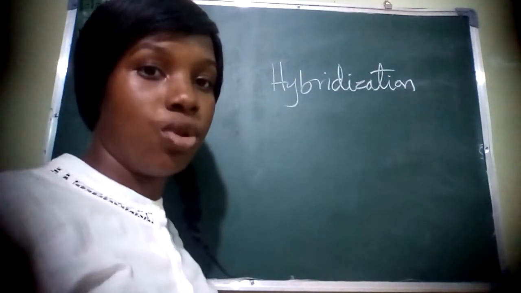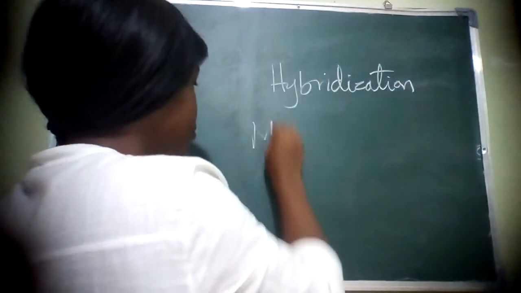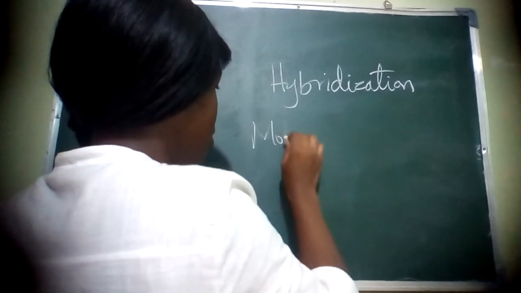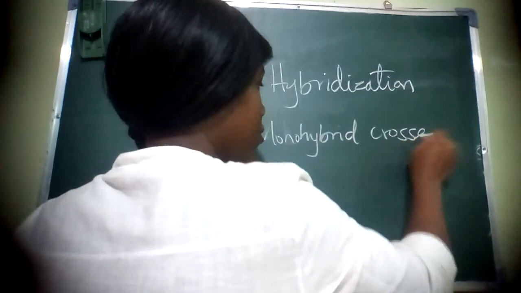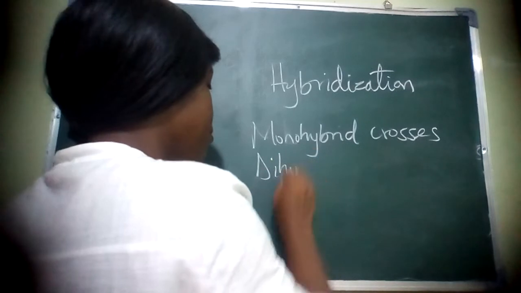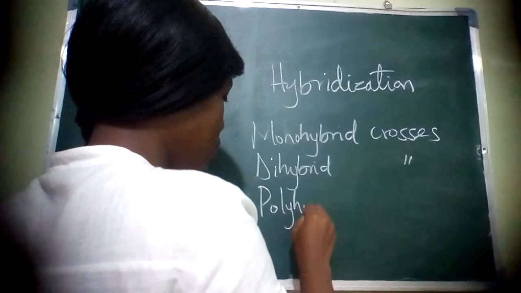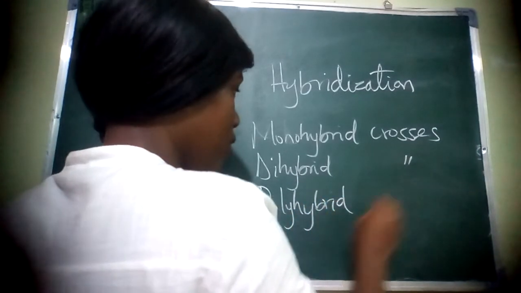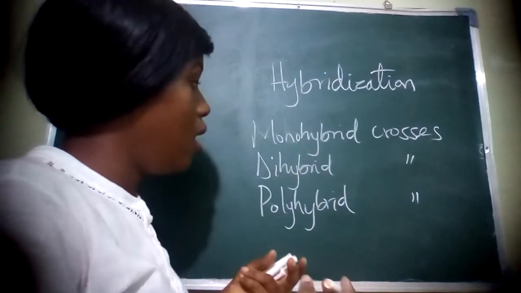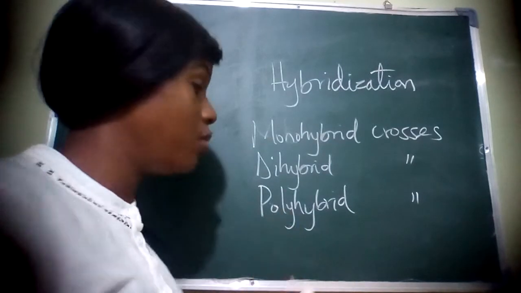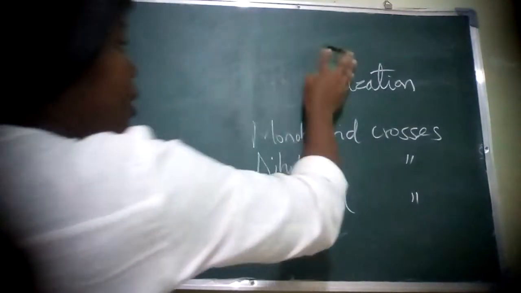And there are different types of hybridization crosses, according to what I named before: monohybrid crosses, dihybrid crosses, and polyhybrid crosses, depending on the pairs of contrasting characters in the parents, or depending on the type of hybrids produced. Okay.